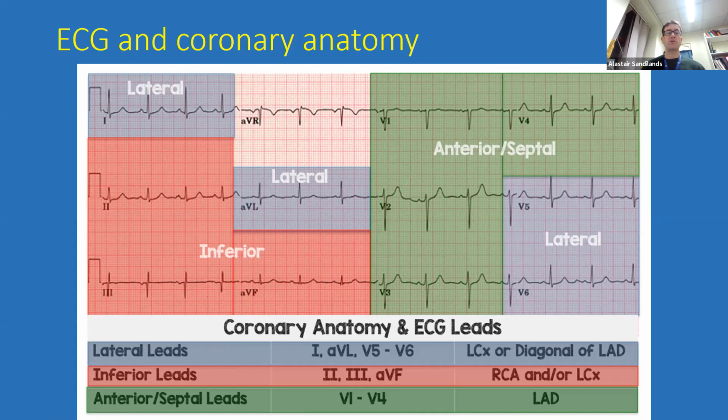Again, the same for the lateral leads, which are signified by 1 and AVL. So you have a change in ST elevation in lead 1, you'd expect it in AVL. It may also be in V5 and V6. So it's grouped together. These are the lateral leads. And so it's going to be the left circumflex most likely, or it could be a diagonal branch of the LAD.